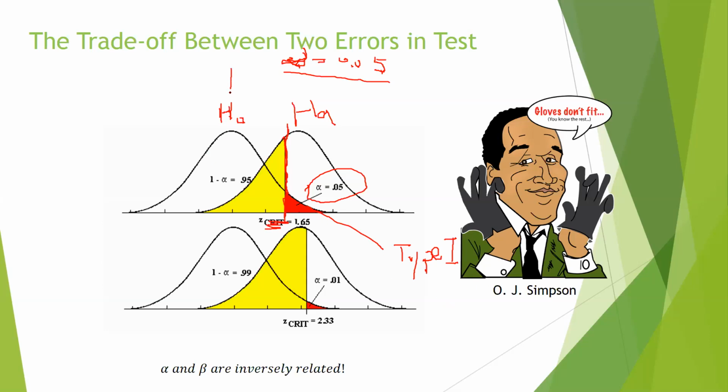Because even if the null hypothesis is true, it is possible, although it is not likely, that you end up with a test statistic in this area, right? So even if your null hypothesis is true, it is still possible for you to end up with a statistic in this area. Do you agree? Of course, this is the whole distribution.